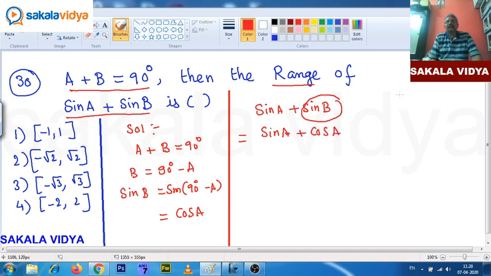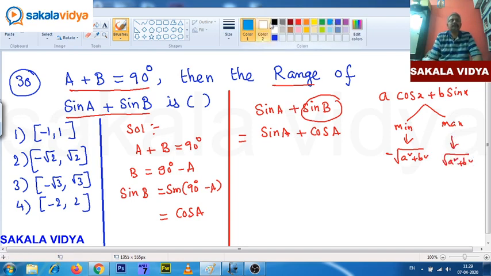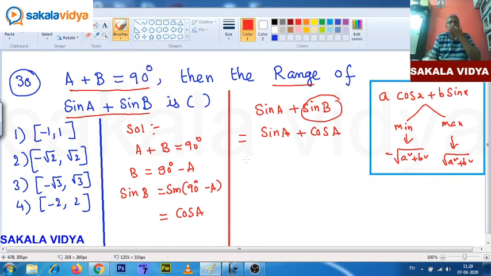So it is just like the formula we have, A cos x plus B sin x form. We know for this one the minimum and maximum. The minimum is minus root of A square plus B square, and the maximum is root of A square plus B square. Already we have discussed this one. So now we need to find the minimum.